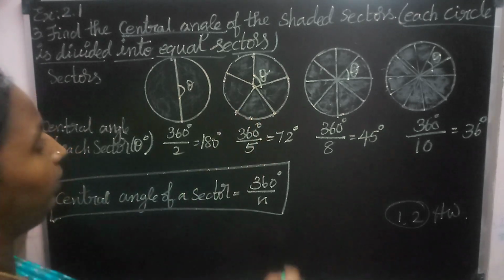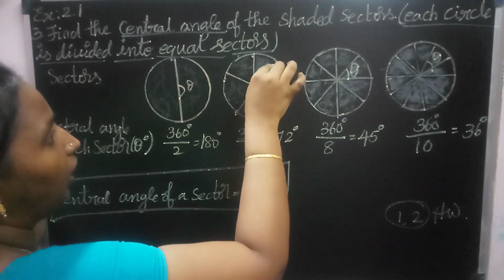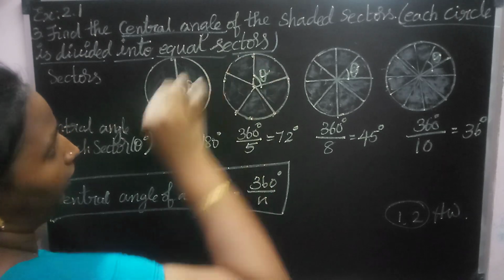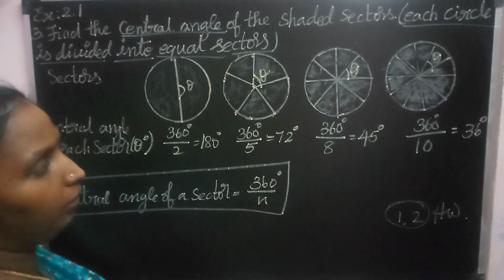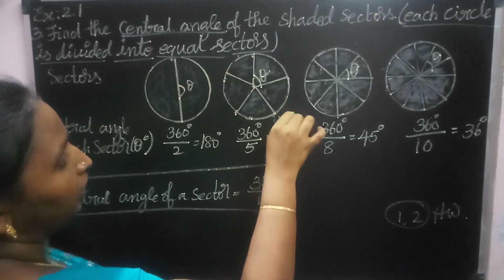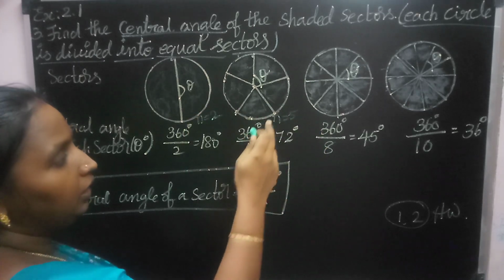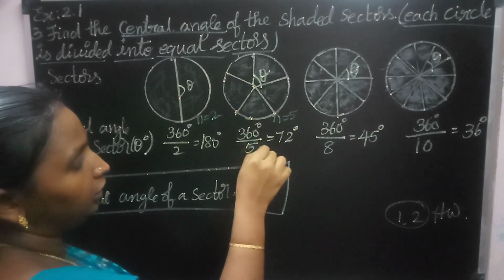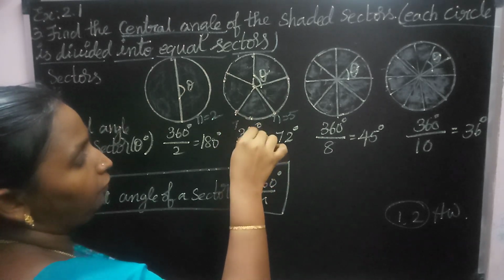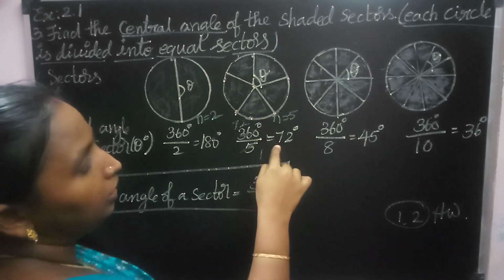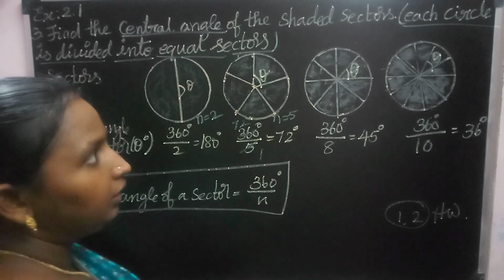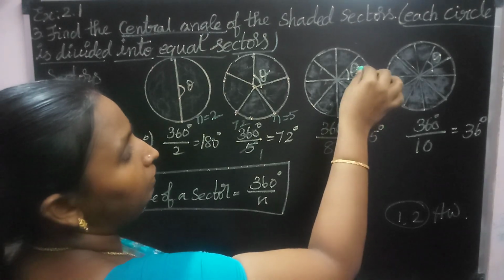Next, how many equal sectors are counted here? 1, 2, 3, 4, 5. 5 equal sectors, so n value is 5 here. In the previous sum n value is 2; in this sum n equals 5. 360 degree divided by 5: 5 sevens are 35, remainder 1, 5 twos are 10. So 72 degree. Next, the third one.